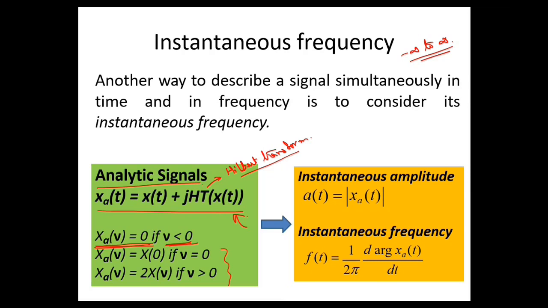To avoid that, we use analytic signals, and later on we will also see what happens in the joint time frequency analysis if you do not use analytic signals. We will see that if you do not use analytic signals, then within the spectrogram we will find a large amount of noise.